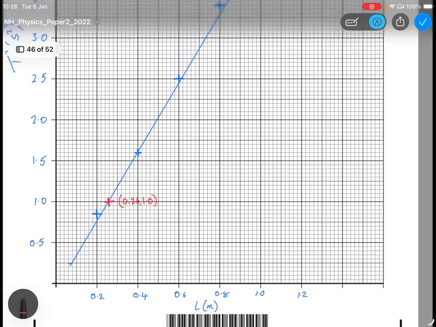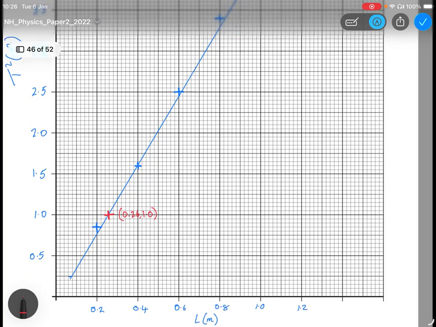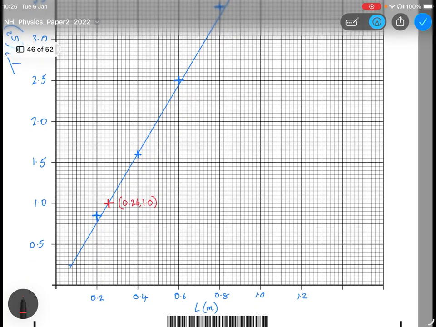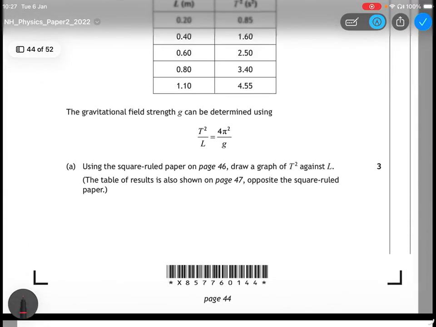And then your points. So little crosses. Make sure that you're accurate to within half a box, half the smallest box. And watch your numbers, especially with this one. Look, they've been a wee bit awkward.